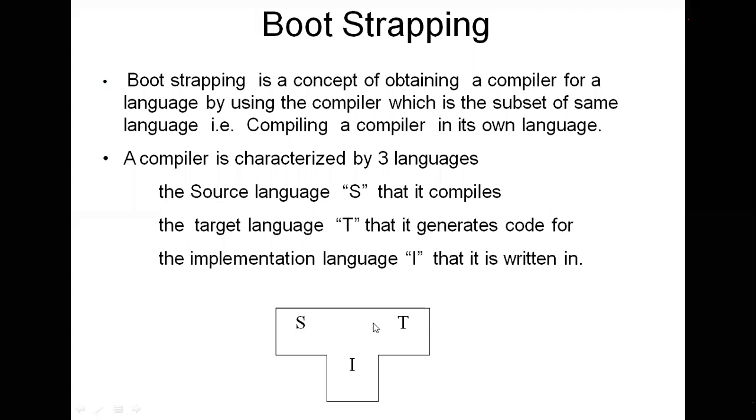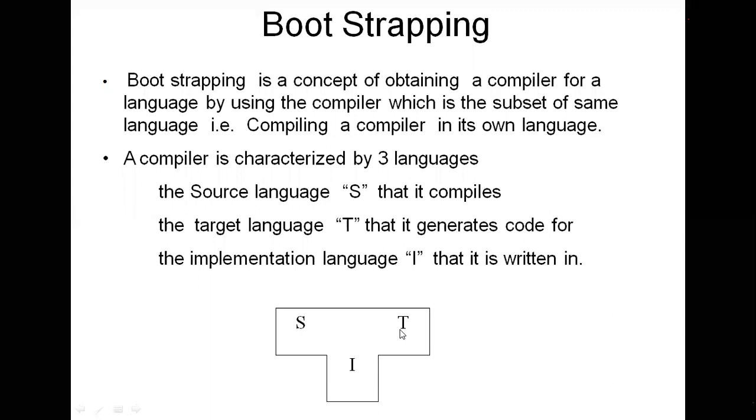Source, target, and in between, what are we doing? Implementation. S is the input program, T is the target. That means high level language to machine level language. In between we are doing the process of compilation by the implementation language.